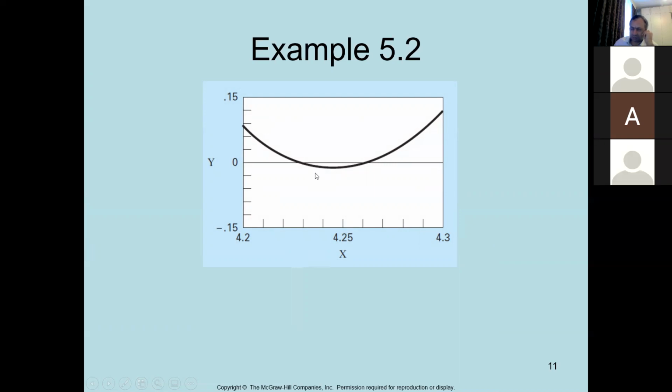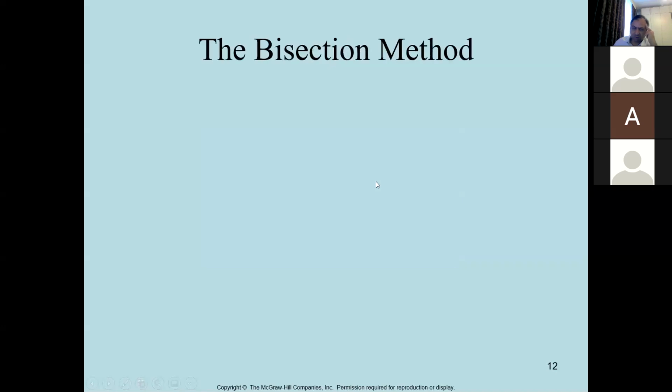It was just looking tangent when we plotted it at a smaller scale. When we zoomed in, we found that it actually has two roots which are quite close to each other, for example, 4.24 and 4.26, nearly those points.